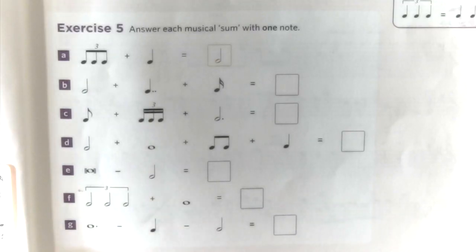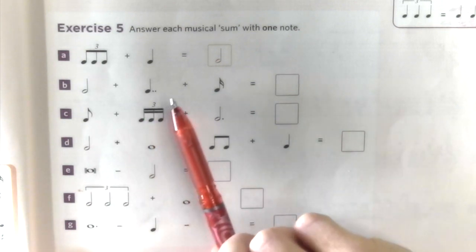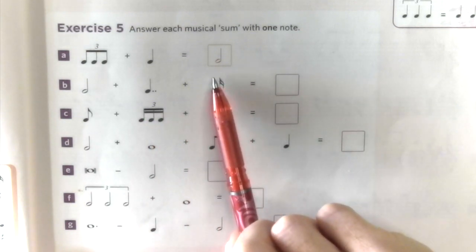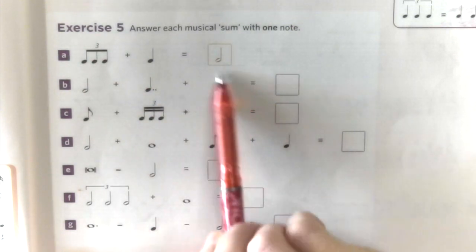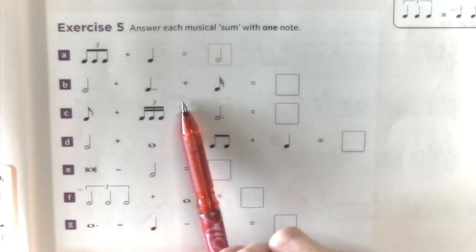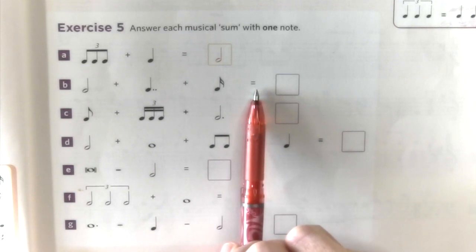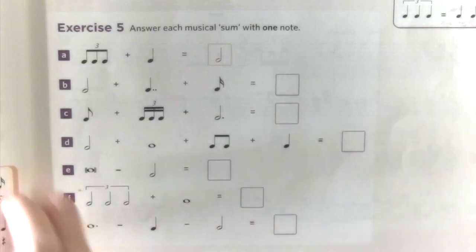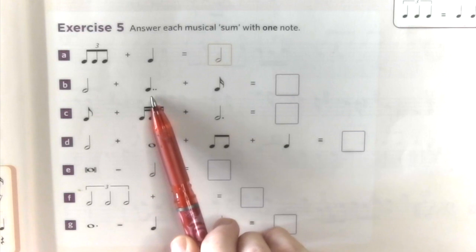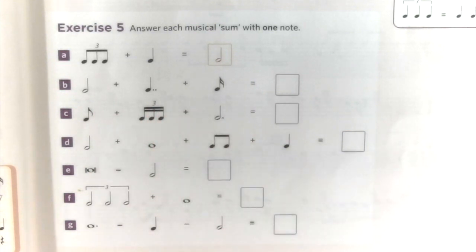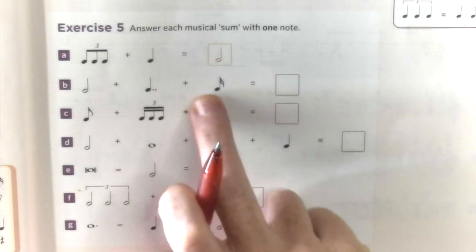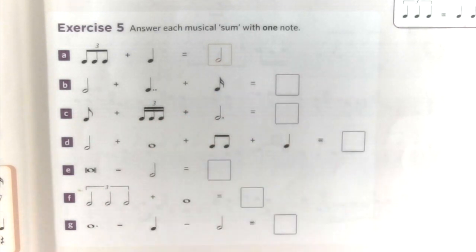Okay, exercise 5 is asking us to create a note that is in fact the sum of all the notes before the equal sign. So 1 minim plus 1 double dotted crotchet plus 1 semiquaver equals what? I know it already because you can pair them up. You can skip one and pair them up.